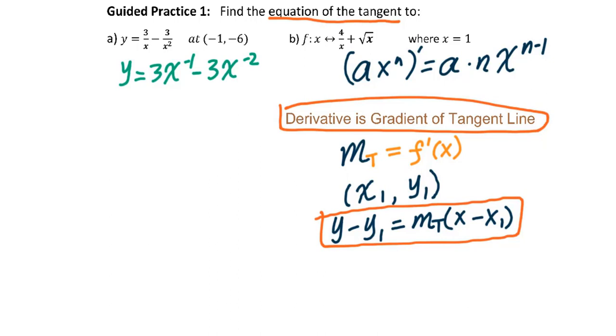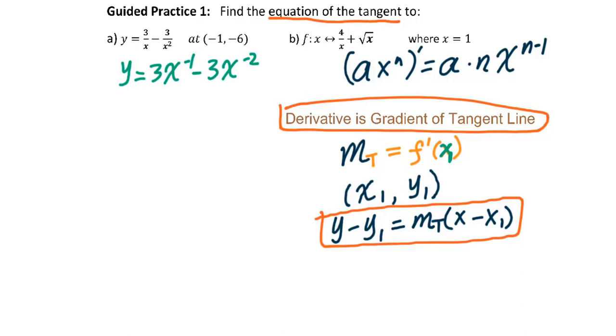Since you have to figure out the slope of a tangent line at x equals x1, let me write down: the slope of tangent line equals f prime of x1.